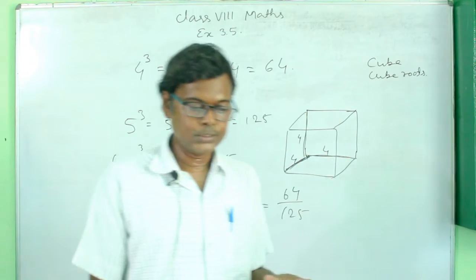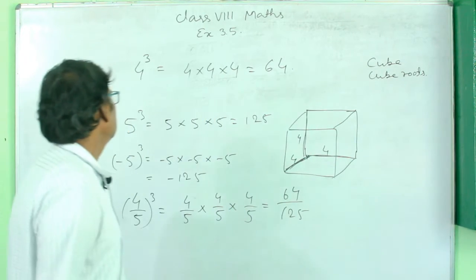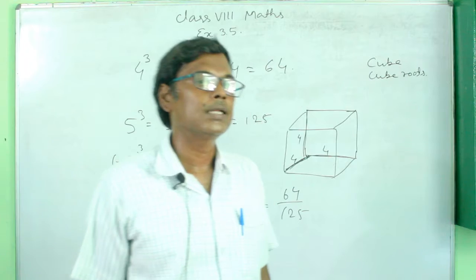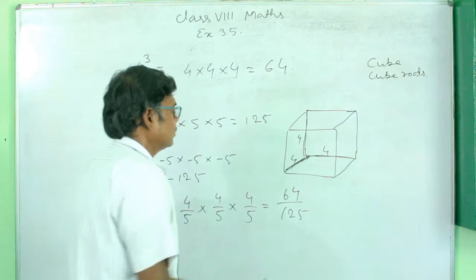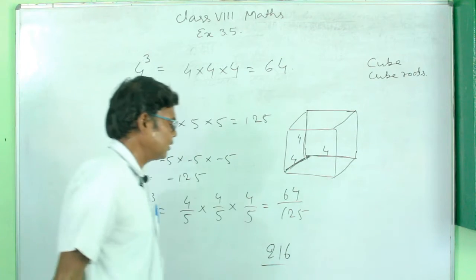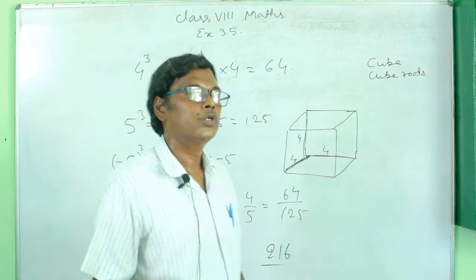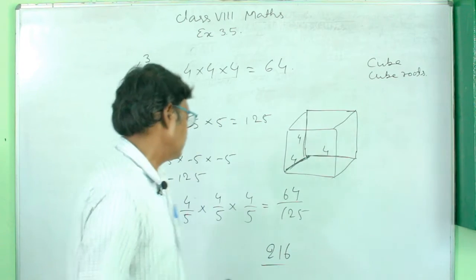So now next is the cube roots. Now what are the cube roots? Here this is the cube of a number, and then we find the cube root. For example, suppose you want to find the cube root of the number 216. The question is, what is the cube root of 216?